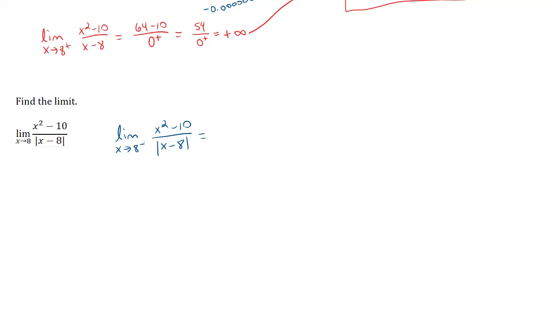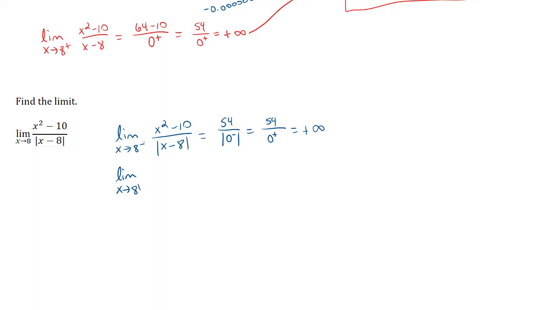And now on the top, we're going to get 54 again, but on the bottom, I'm going to get a negative number really close to 0 inside the absolute value symbols. And when I simplify the absolute value of a negative number, I'm going to get the resulting positive version. So in this case, the left-sided limit is going to be positive infinity.